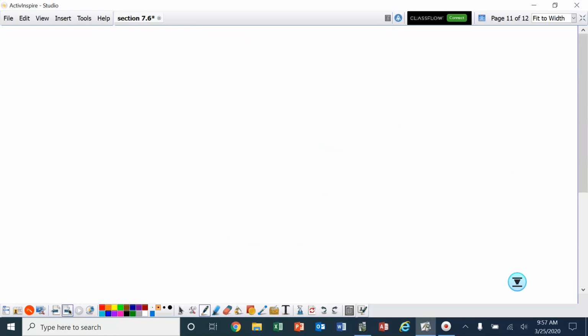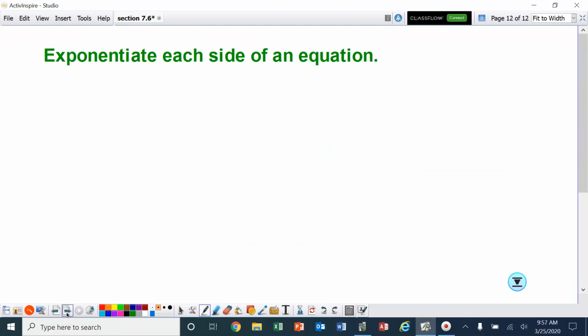Another method is to exponentiate each side of an equation. Again, the most challenging thing here is that you are going to have to be able to recognize the type of equation it is. Let's say we've got log base 7 of 3x minus 2 equals 2. It's a similar process here.